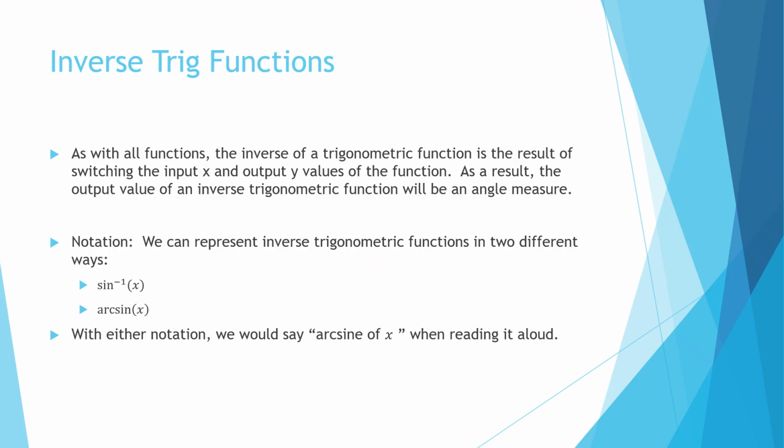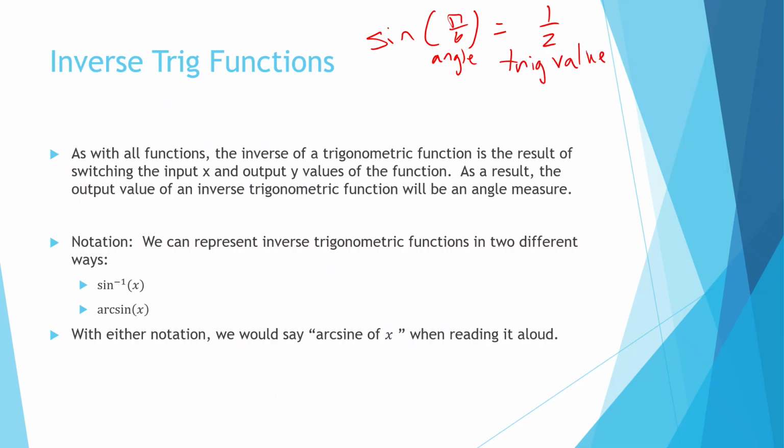So talking about inverse trig, right? On your last quiz with the unit circle, I asked you what is sine of pi over 6, let's say. And you would tell me that it was 1/2. Here we were doing sine of an angle on the inside, and you gave me the y value, the output, which was a trig value.